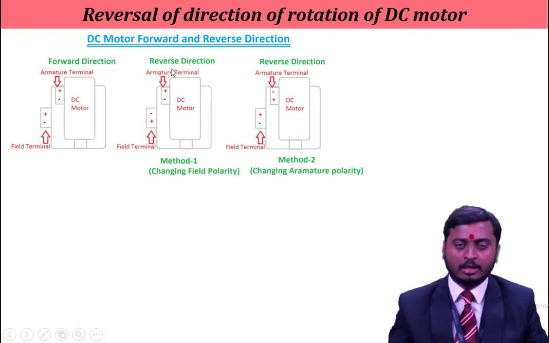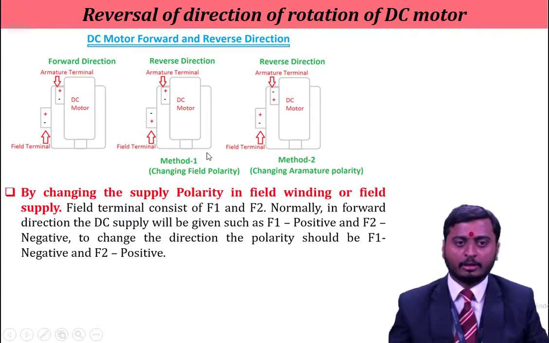Forward direction, reverse direction, and here again reverse direction. There are two methods for the reverse direction. The first is by changing the supply polarity in the field winding, that is the field terminals F1 and F2.